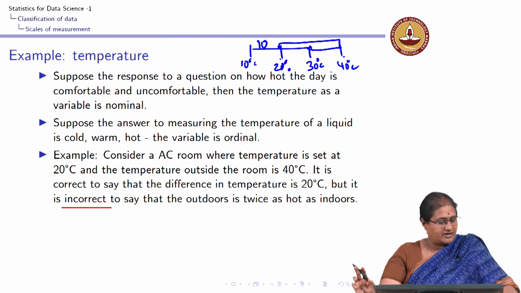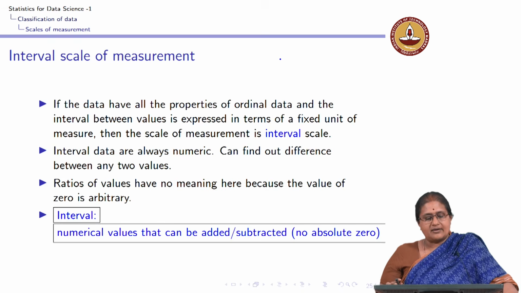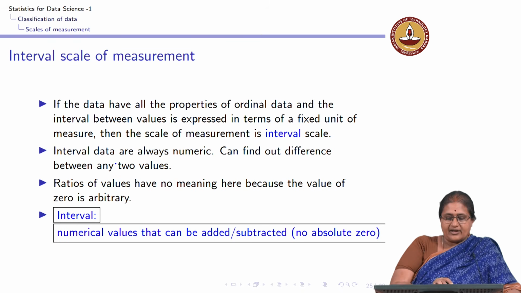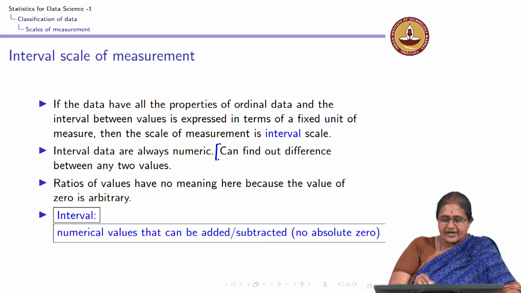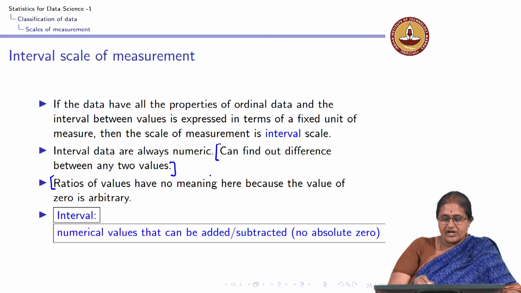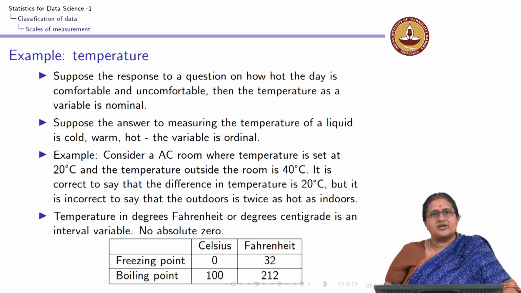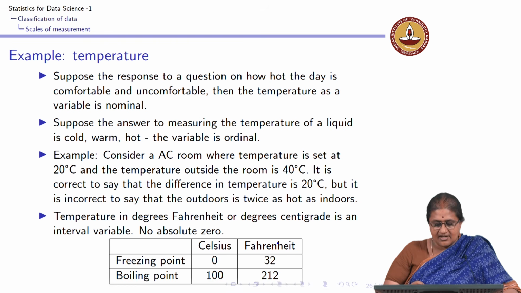It is incorrect. So, that tells me that I can talk about the difference between any two values, but here ratios have no meaning. Again, we understand from temperature, at least when we talk about Celsius and Fahrenheit scales, there is no absolute 0.